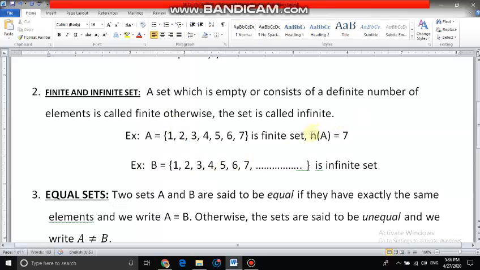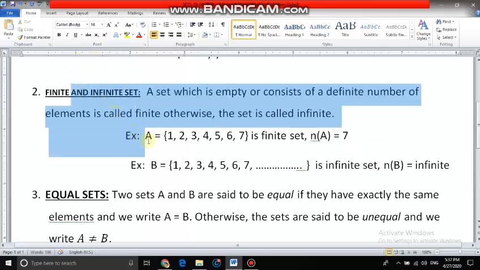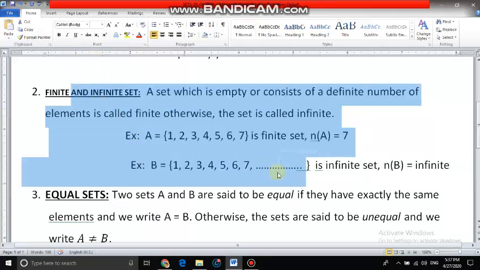So this is the notation I use for representing the number of elements of a set A. How many elements are there? 7. And if I want to write it for B, the number of elements of B equals infinite. Maybe you can use the infinity symbol also, no problem. Okay, so you understand what is a finite set and what is an infinite set.